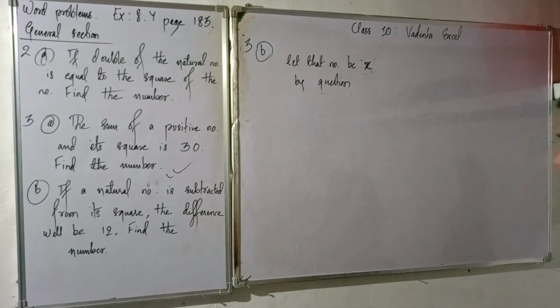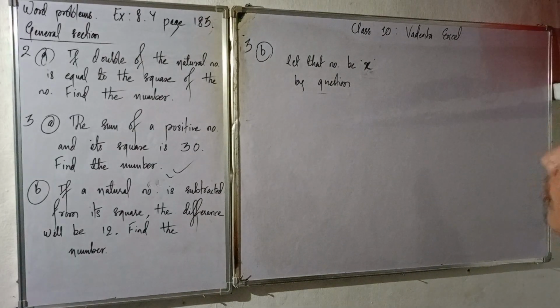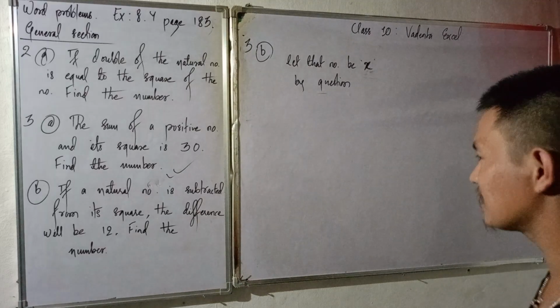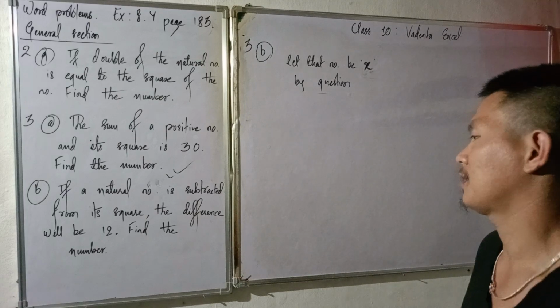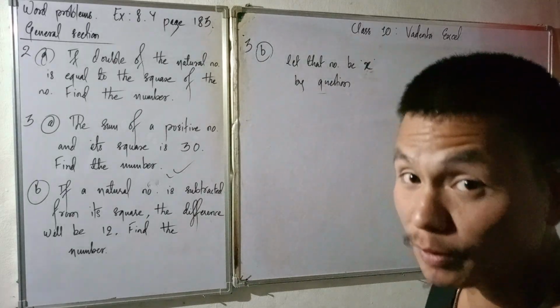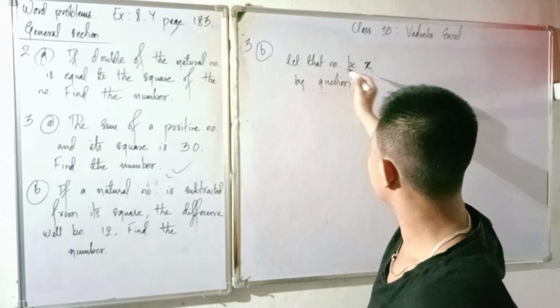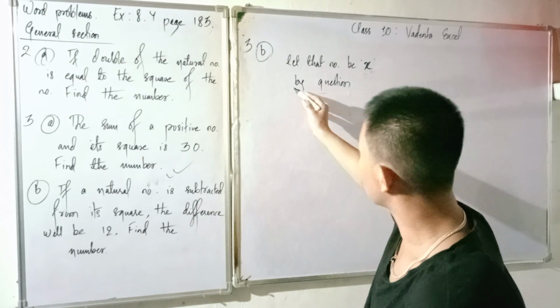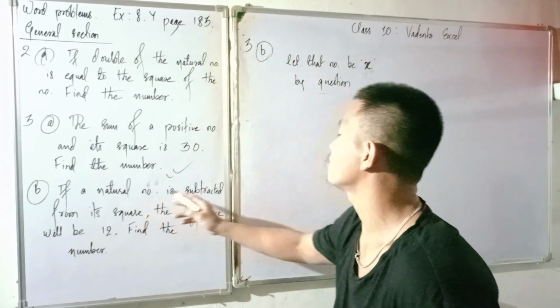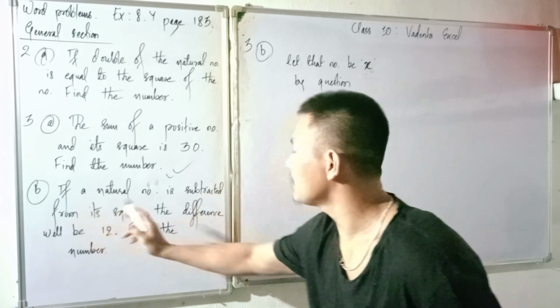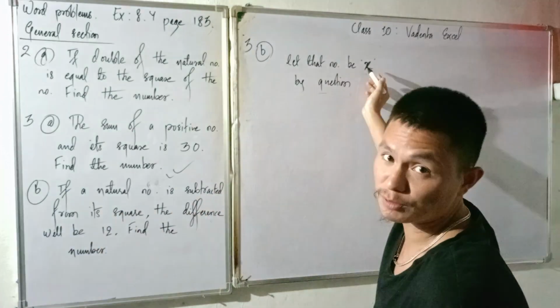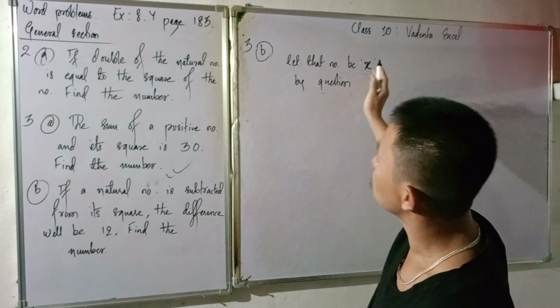According to question 3b, if a natural number is subtracted from its square, the difference will be 12, which means let that natural number be x. Then by the question, this is the natural number we have supposed.